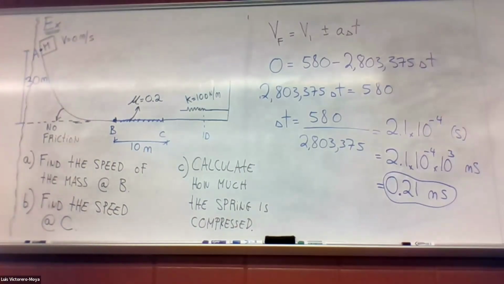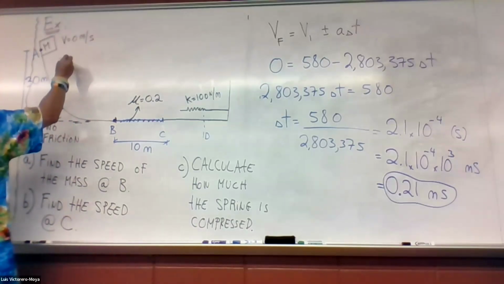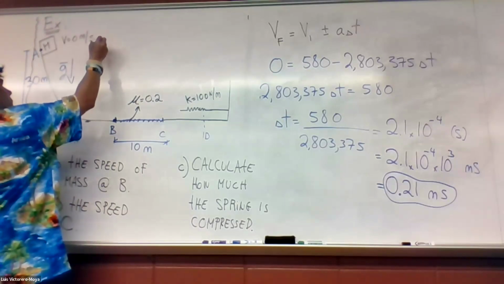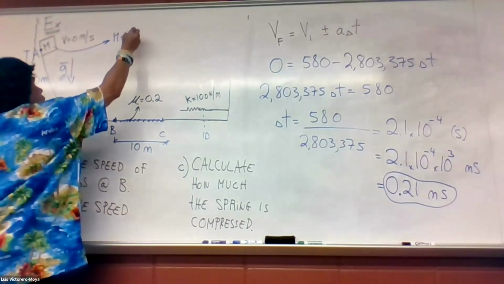Okay, so let's explain this. You have a mass, and you need a mass at some point. So let's give you the mass. Let's make it 4 kilograms, all right? So gravity and M, let's make it 4 kilos.